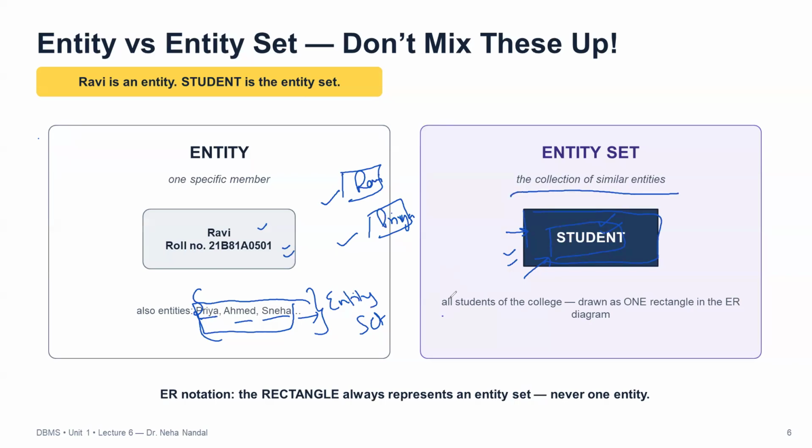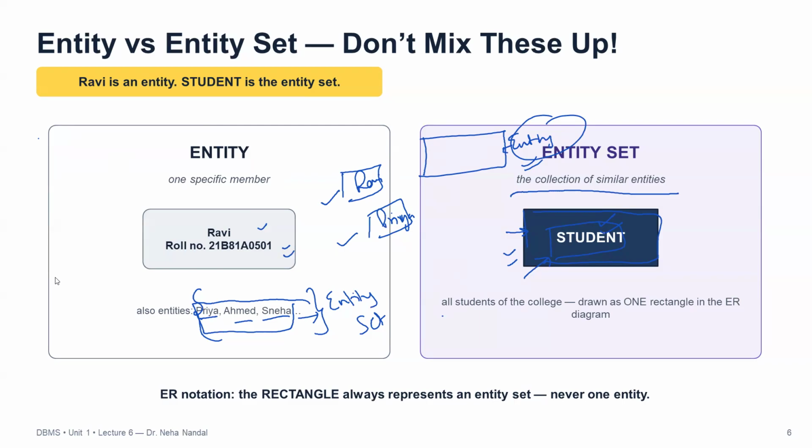So all students of the college will be represented as one rectangle shape in the ER diagram. So this is our first representation, that is a rectangle, which is the representation of an entity. I hope you got some idea. Great. So let's go to the further part. It's becoming very interesting.